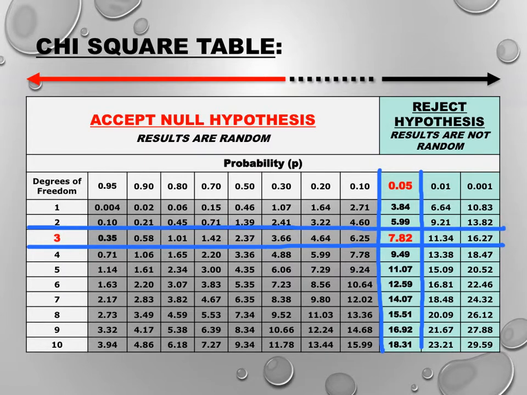I think I did a pretty good job with those lines. Y'all should be proud of me. Anyway, so where these two lines meet or intersect, right here, that 7.82 represents our critical value.